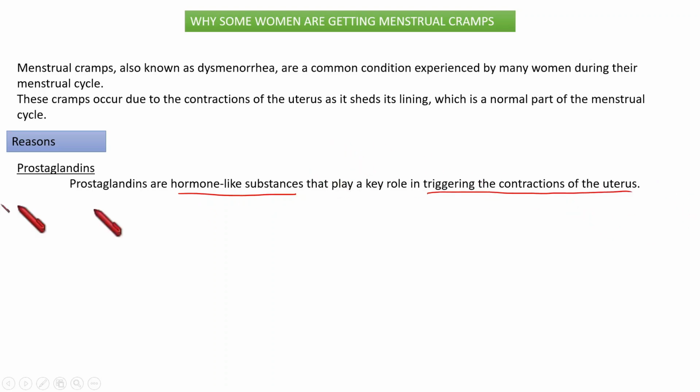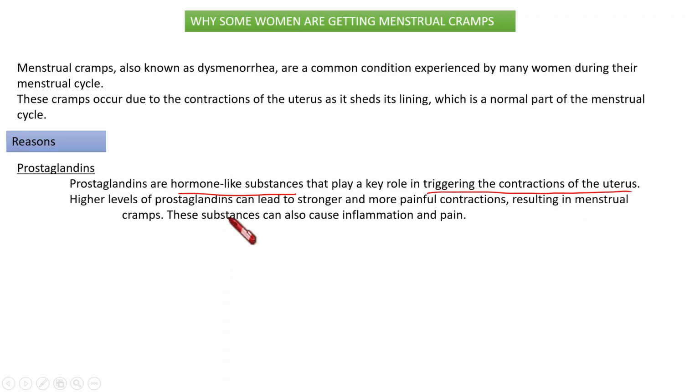So it is the agent prompting the uterus to contract. Suppose the prostaglandin levels are too high, then the contraction will become too strong and it will give too much pain to that woman.